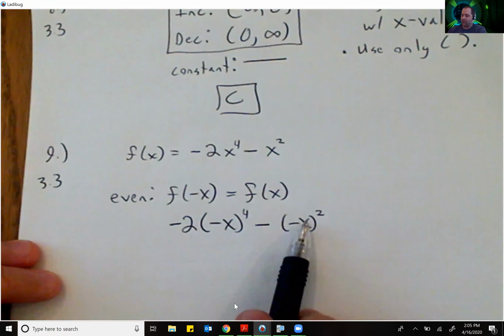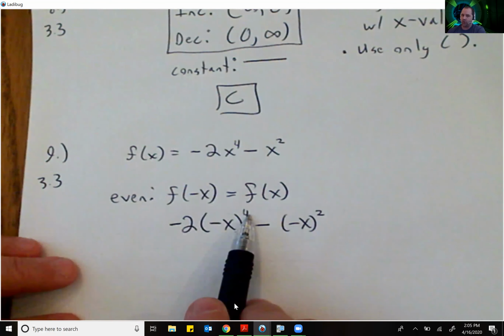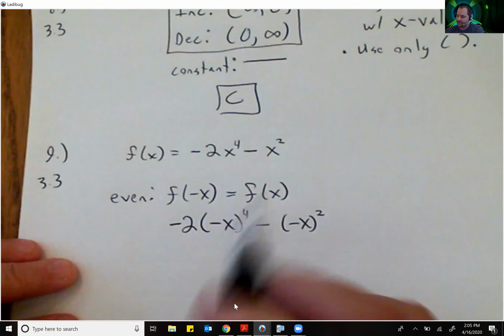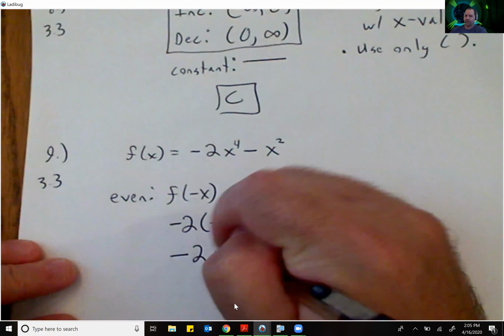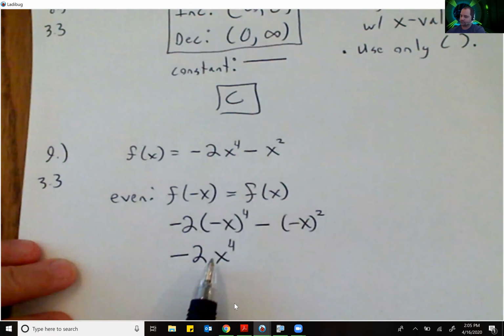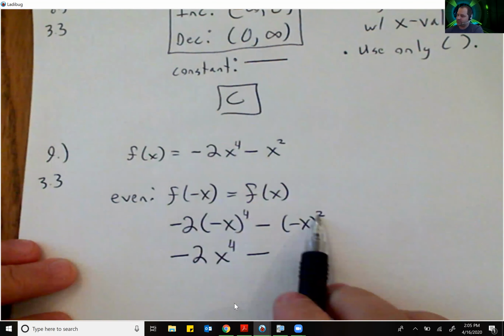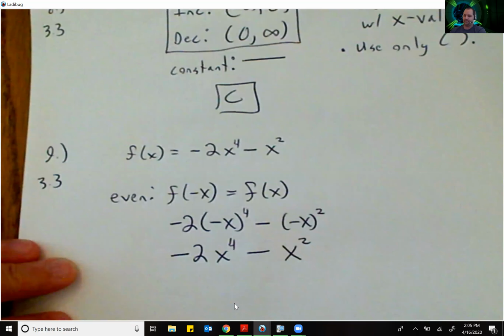Now, what do you know about anything that's negative raised to an even power? The answer is always positive. So negative x to the fourth becomes x to the fourth, and you can drop the parentheses. Minus, again, an even power, so that makes this negative x just a positive x squared.